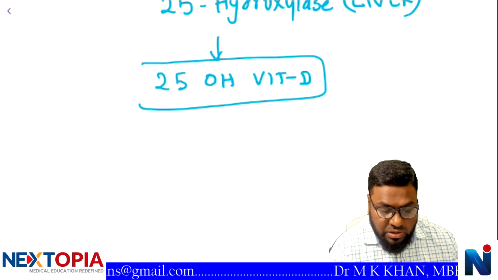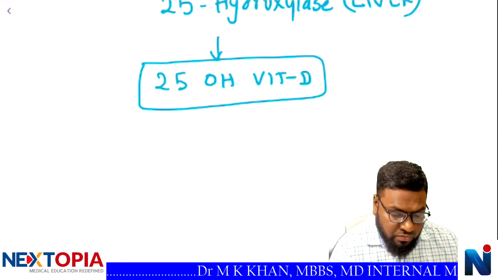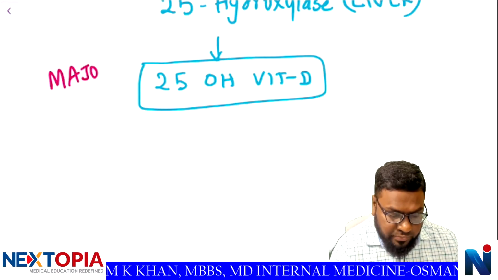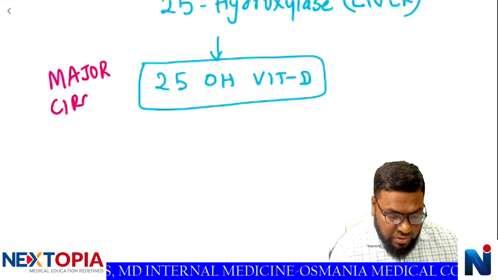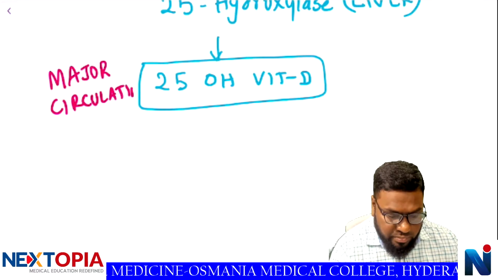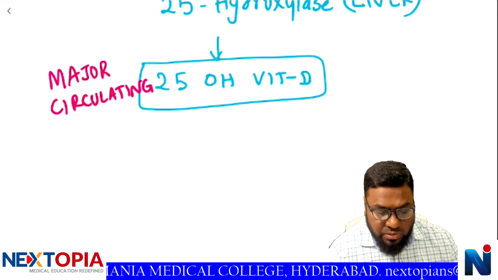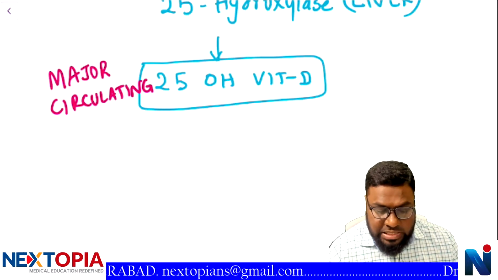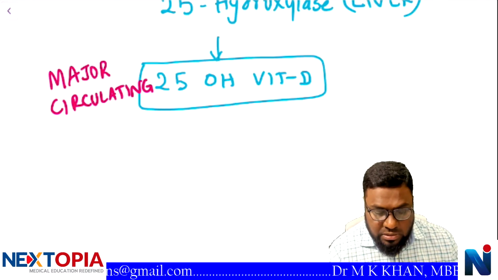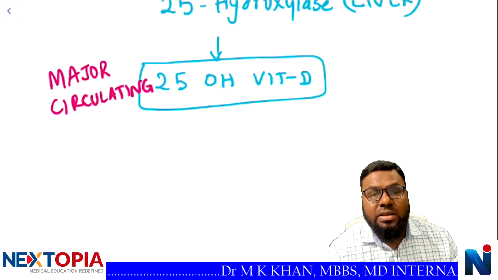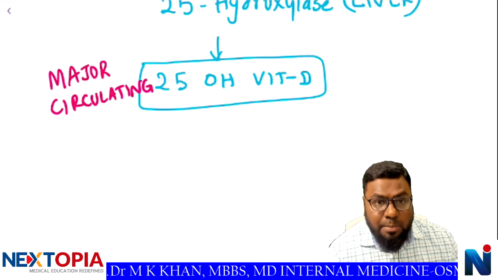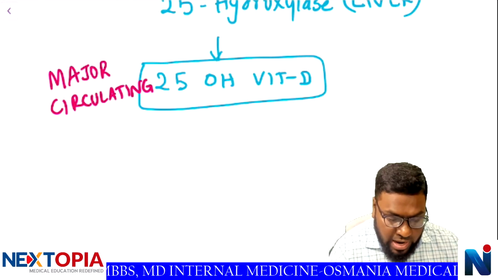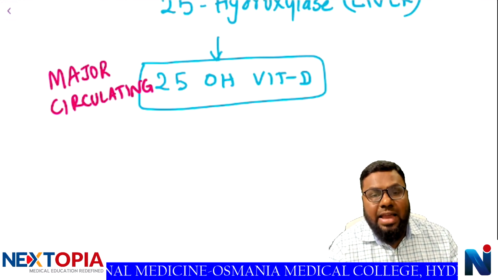If they ask you which is the major circulating form of vitamin D, it is 25-hydroxy vitamin D. This is the maximum concentration, 25-OH vitamin D. But the problem with this is it has very, very low clinical activity.